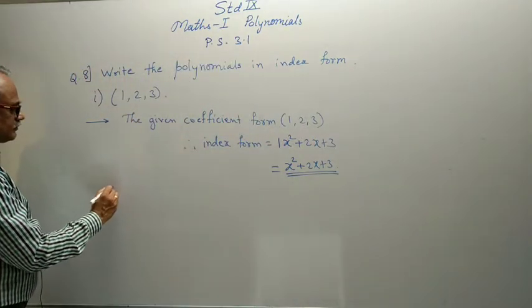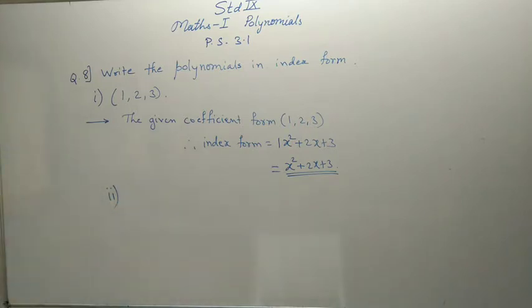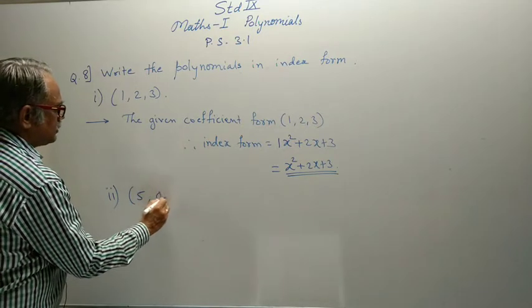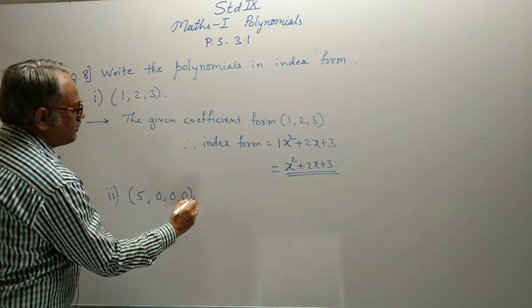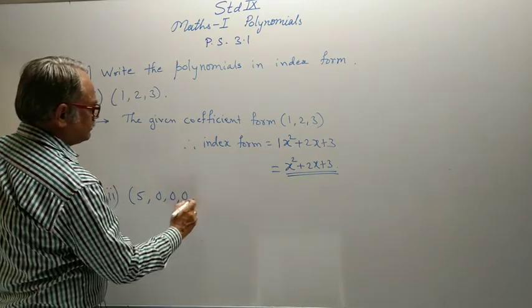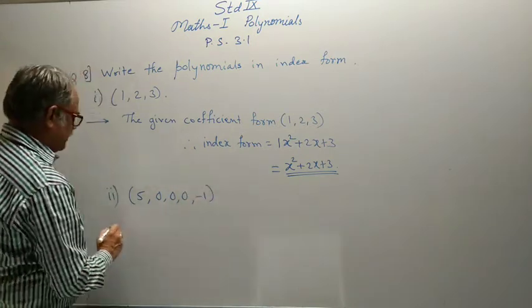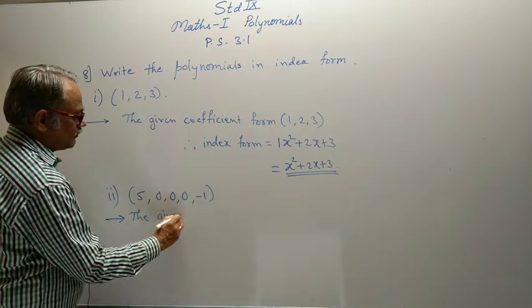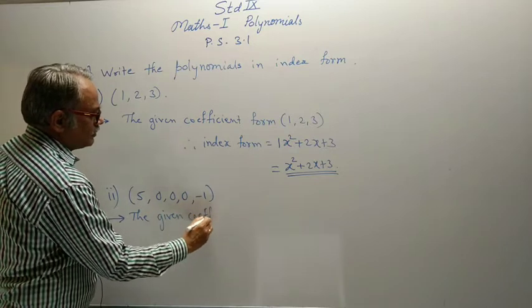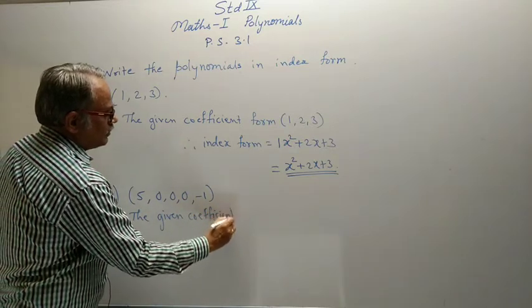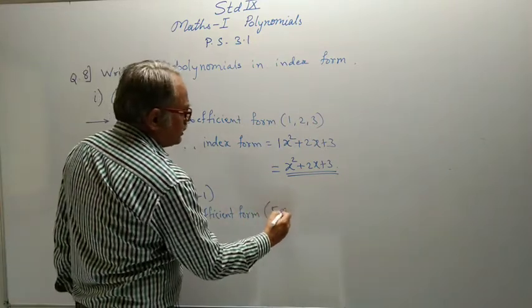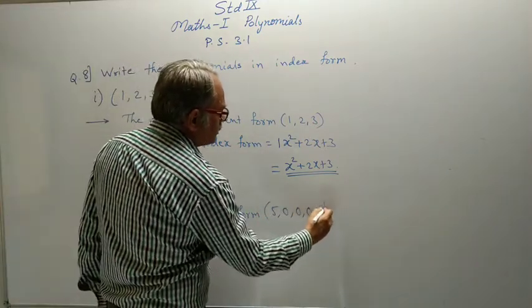Second is 5, 0, 0, 0, minus 1. The given coefficient form is 5, 0, 0, 0, minus 1.